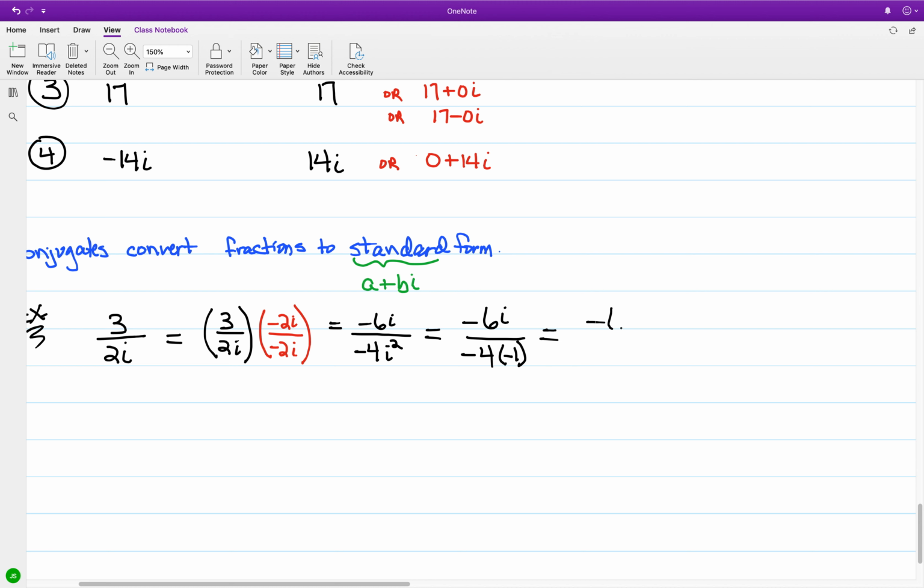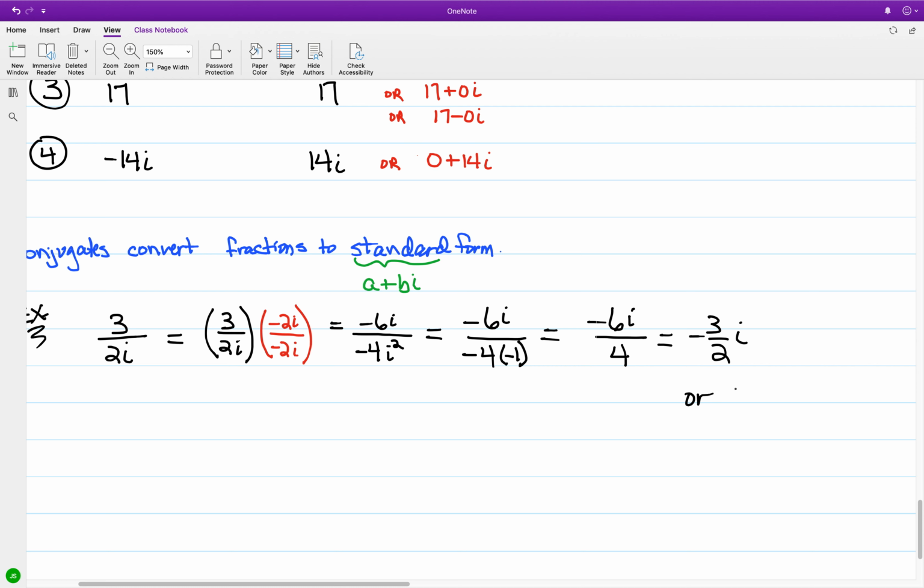So we have negative 6i over 4, which becomes negative 3 halves i. Depending on how the instructor accepts some of these answers, this could also be written as 0 minus 3 halves i.